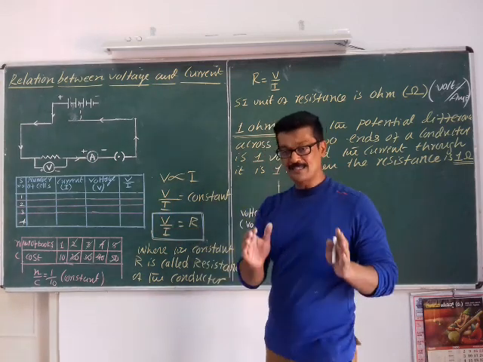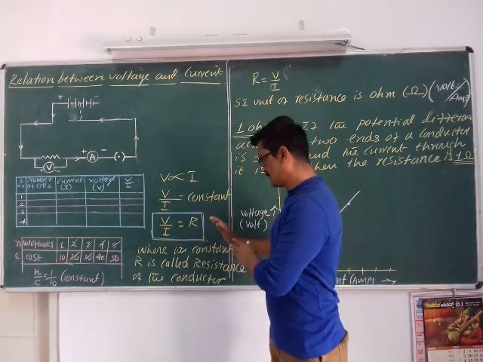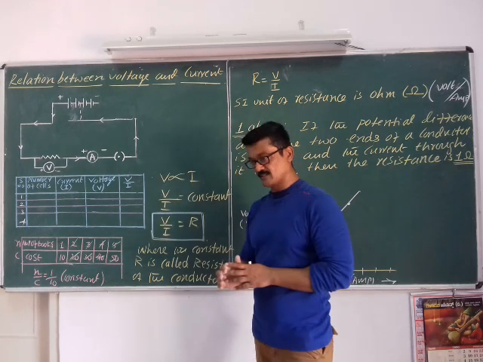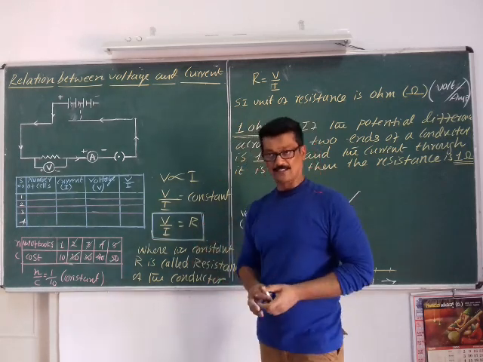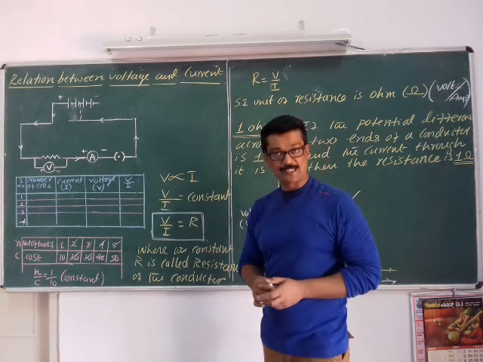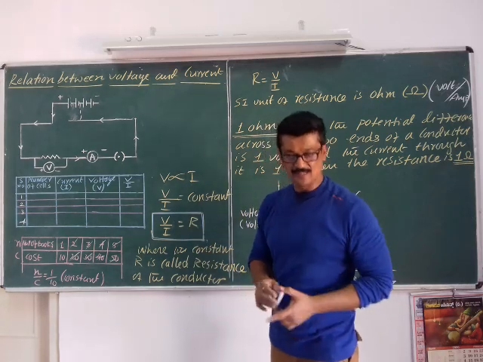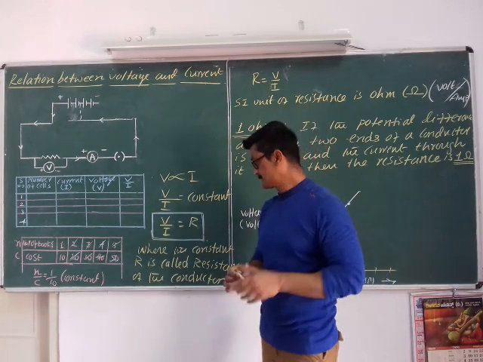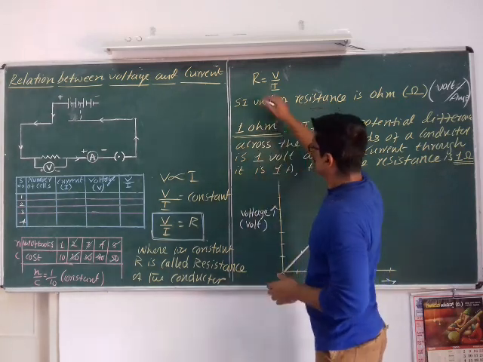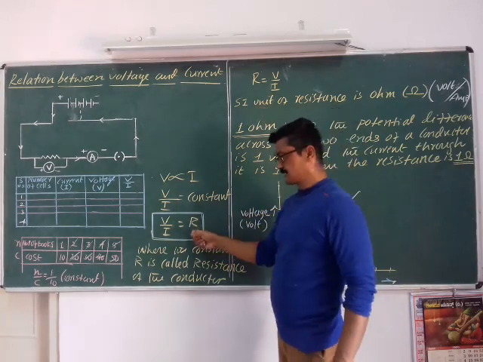So let me restrict the discussion about resistance only to this much, because in the next class we need to discuss what is resistance, what causes resistance, and what are the factors on which resistance of a conductor depends. So what is the SI unit of resistance?